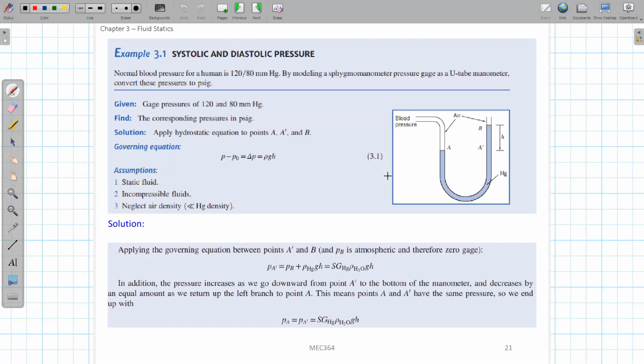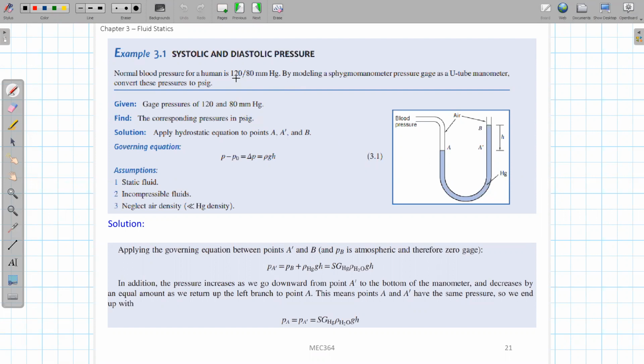So here we have this U-tube manometer, and we can use it to test blood pressure. The fluid inside is mercury; Hg is the symbol for mercury. For blood pressure, we have a high number and a low number.